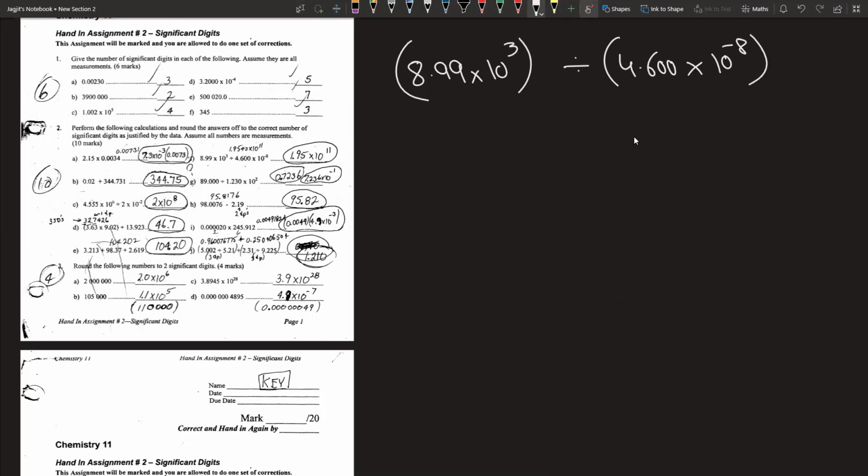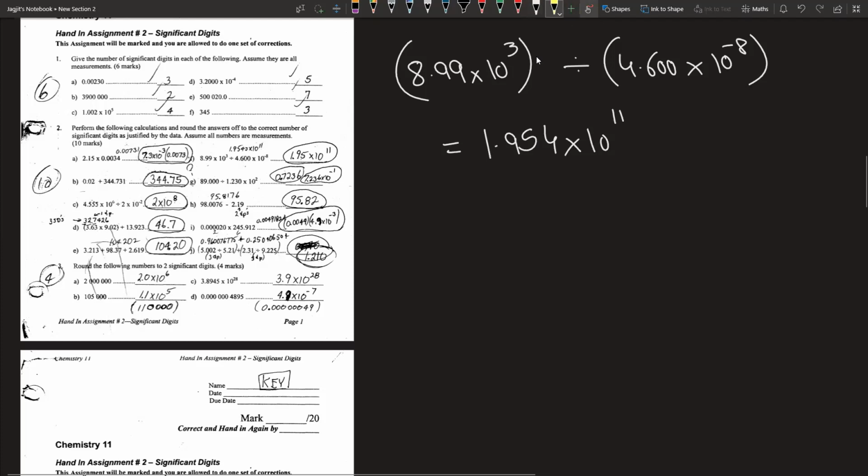There you go. Blindly put brackets, punch it in. 8.99 times 10 to the power 3. Bracket close. Divided by 4.6 times 10 to the power minus 8. Bracket close. That should give you 1.954 times 10 to the power 11.